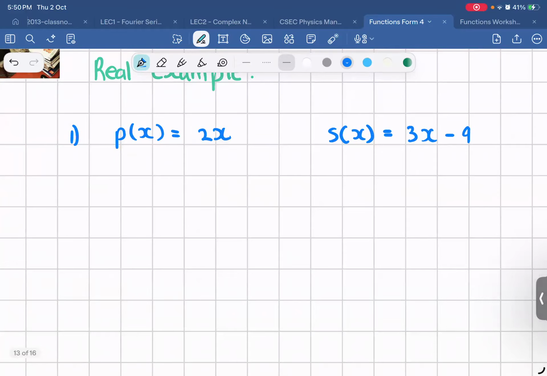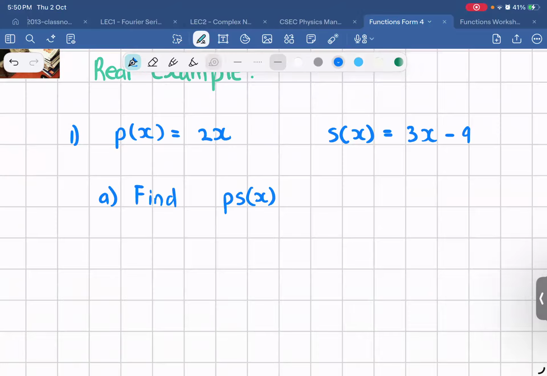So here, let's look at 2 scenarios. Scenario 1. Find p s of x. When you see that, I'm probably making you feel like crying. What is this man talking about?